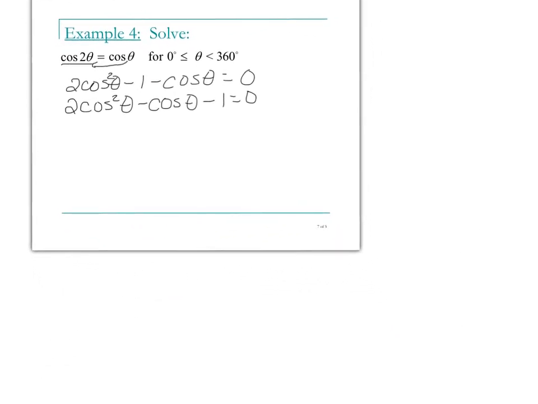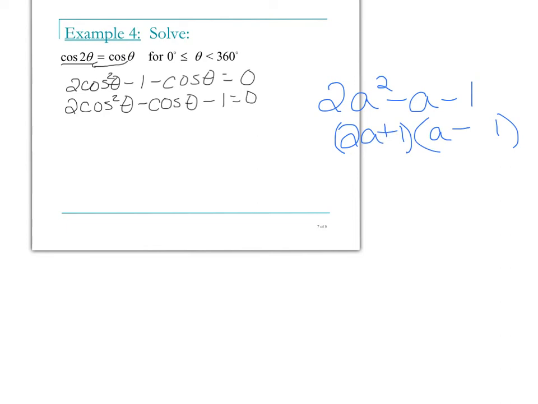If I want to make it a simpler problem, I can come over here and say it's 2a squared minus a minus 1. And that will factor into, you have 2a and a, you're going to have 1 and 1. You want to get a negative a, so you have to have this be your negative 2a, plus a would give you the negative a.